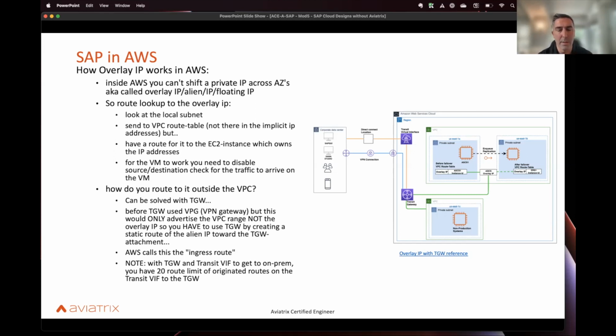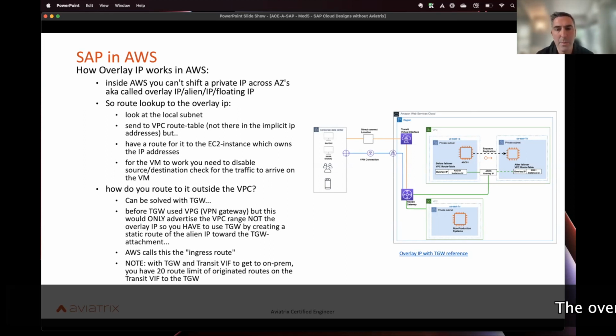Those are separate subnets that can be members of a supernet within a VPC, but you can't move the actual IP of, say, your ASCS or your primary HANA database from AZA to AZB. So you have to use what's called an overlay IP, alien IP, or floating IP.